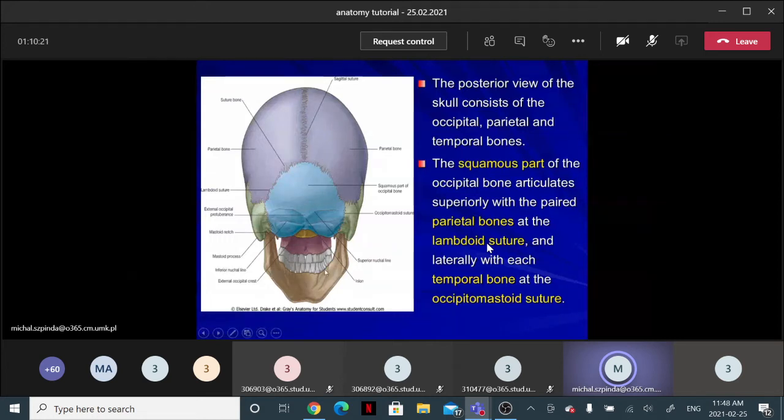Apart from this, just here you can see that the occipital squama has two distinct parts. Its superior part refers to the cranial roof, and the remaining inferior part refers to the cranial base.